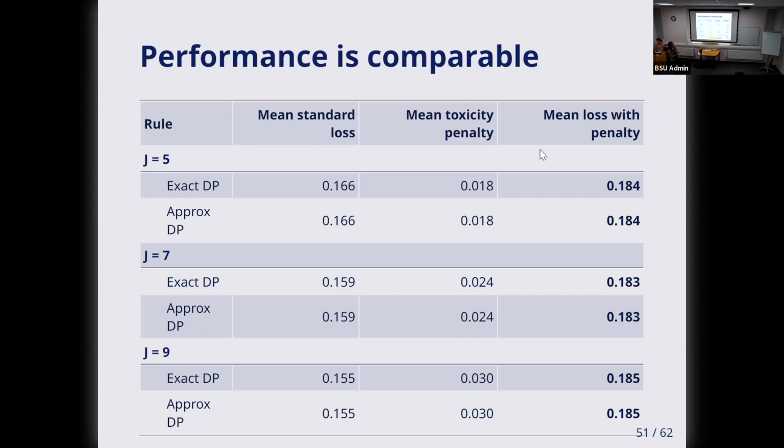So if we look at the standard loss column, which is just that estimation term, these do decrease as we get more information. But then this toxicity penalty is actually some parameter times number of events, it's 0.004 times number of events.